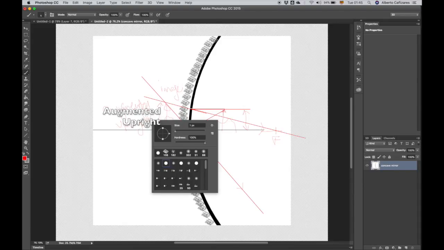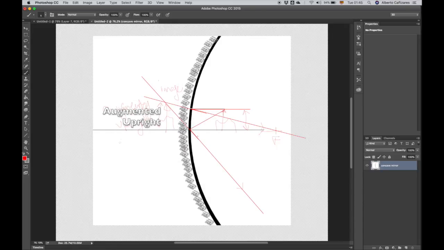And what happened to it? It's formed behind the mirror, so it is virtual. Why is it virtual? The light is actually going this way. This ray is going that way, yet the image forms behind these light rays, so that's why it is virtual, right?